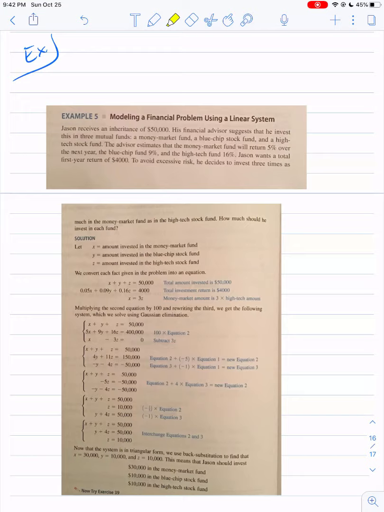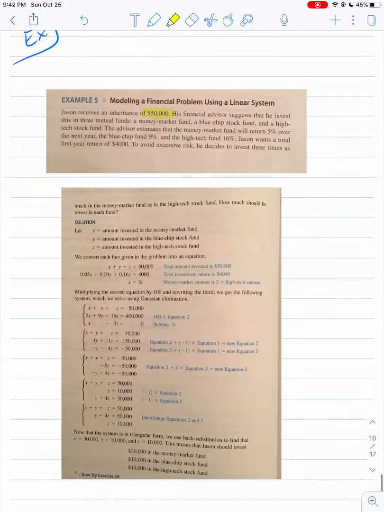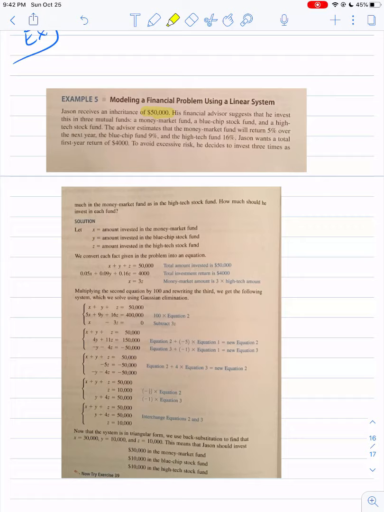Okay, so here's an applications problem. Jason receives an inheritance of $50,000. His financial advisor suggests that he invests this in 3 mutual funds: a money market fund, a blue chip stock fund, and a high-tech stock fund.